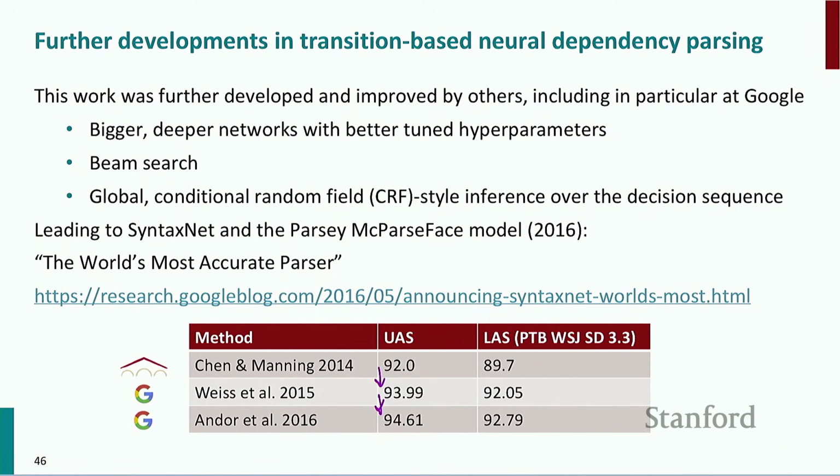But Google had it all over the place of the world's most accurate parser, and they gave it a silly name, Parsey McParseface, which really worked well for getting lots of media pickup. And so that was then a very successful parser.